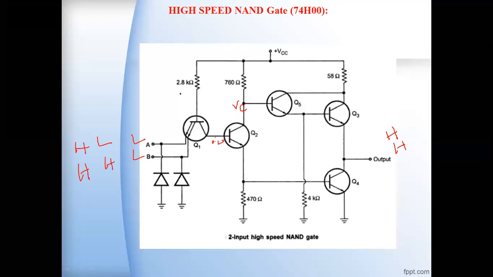Because of VCC and the voltage drop across the resistor, a voltage may appear at the base of the transistor Q2, through the collector junction. That will drive the transistor Q2 into the on state.